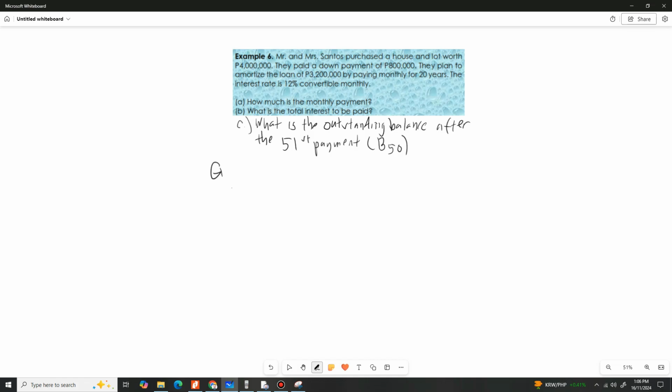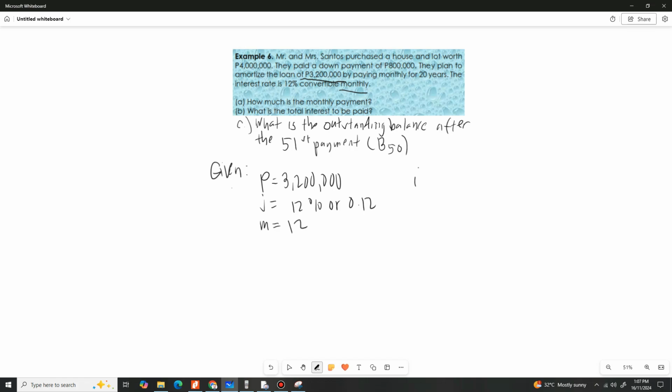So the given here are P, the loan, equals 3,200,000 pesos. Then our J is 12% or 0.12. Then we have our conversion period, M, monthly, so we have 12.